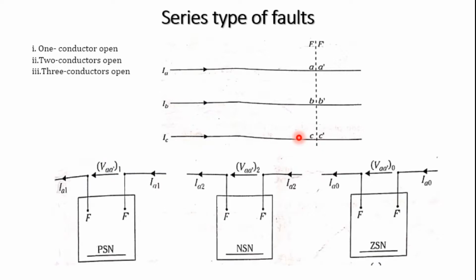Then the sequence network can be written like this. This is subjected to the PSN having the current I1, with V A dash to the 1, and similarly for the negative sequence network, V A dash to the 2, and for the zero sequence it is V A dash to the 0. These are suitably interconnected depending upon the type of fault we are considering.